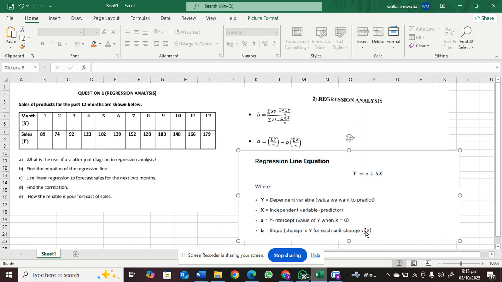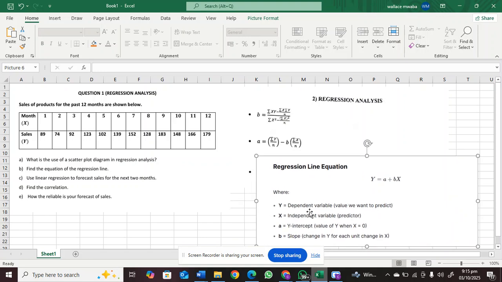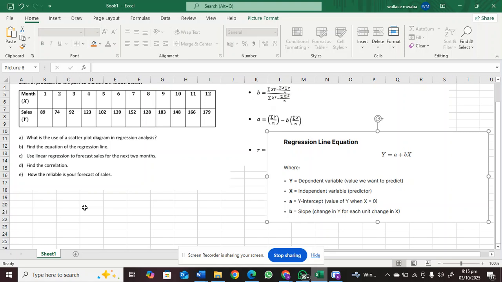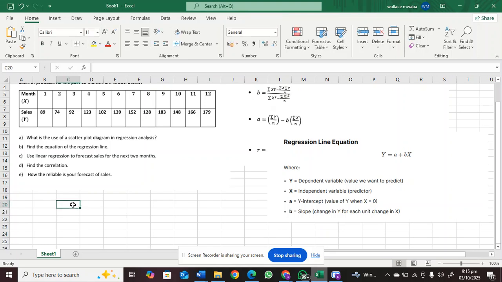If we increase X again by another unit, Y is going to increase again by 2 units. So we have to find the equation of the regression line. Let me just put the information here. We've got our month and our sales.